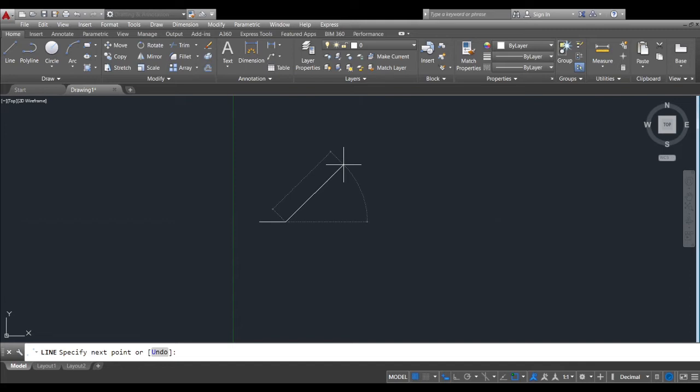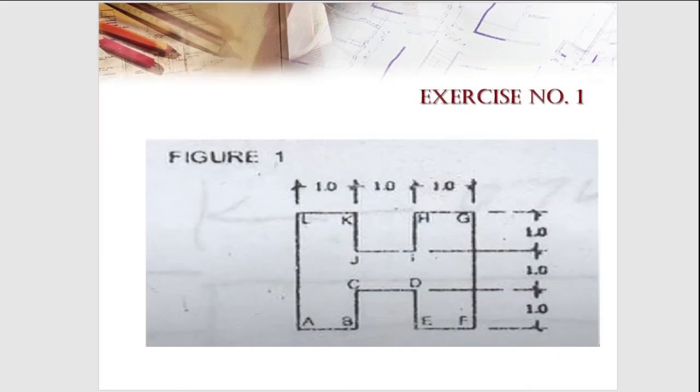Okay, let's go to point C. Point C is, we're going 1 unit upward, and there's no movement in the x coordinate. So, making our point C to be 2 comma 11.